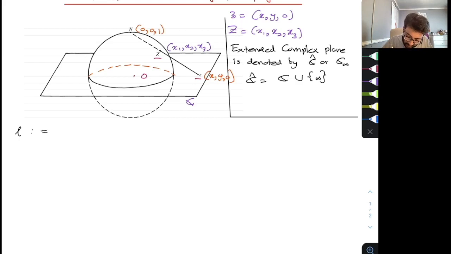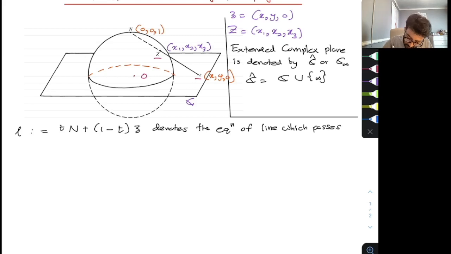So L will be, I think you are familiar with how to find the equations of straight lines in three-dimensional space. So t times N plus (1 minus t) times z denotes the equation of the line which passes through N and z.